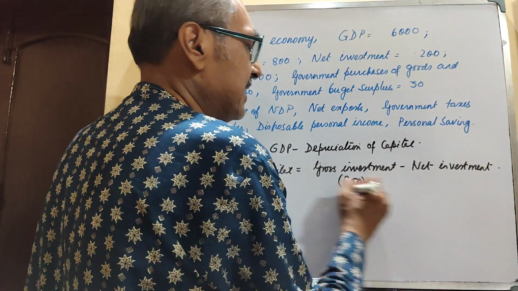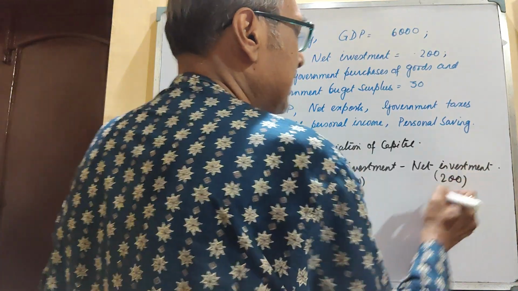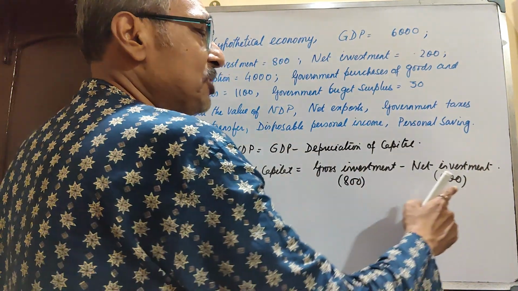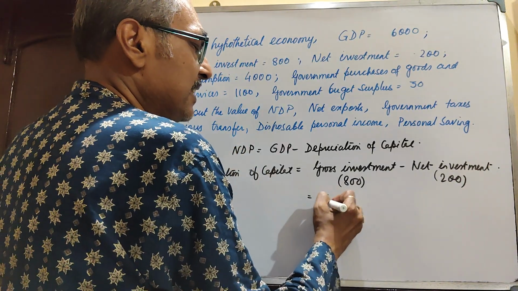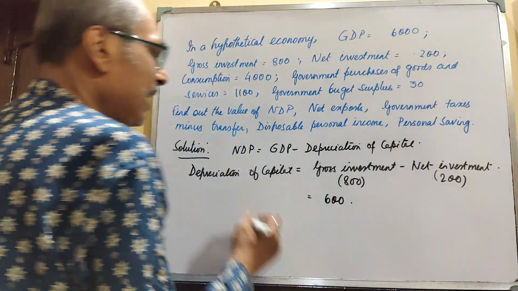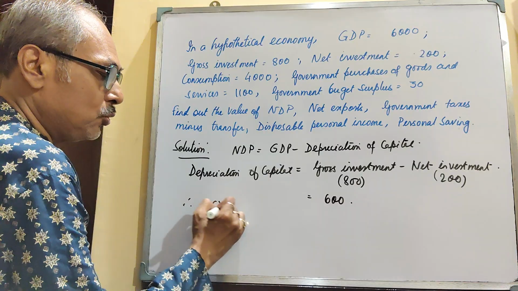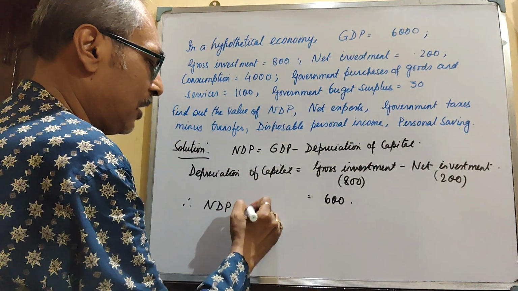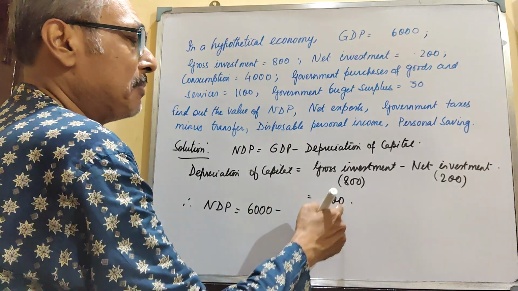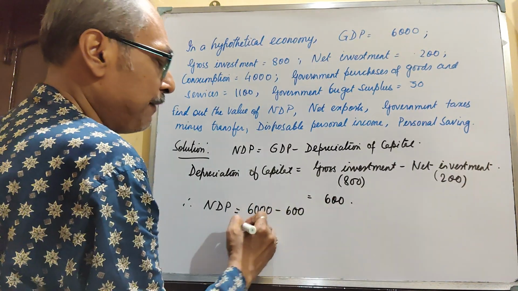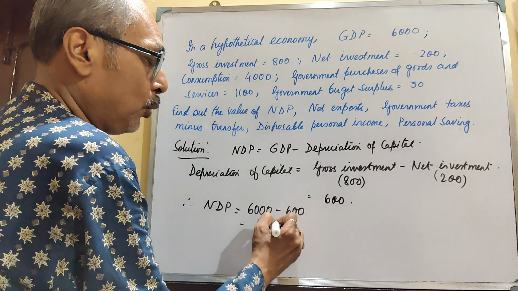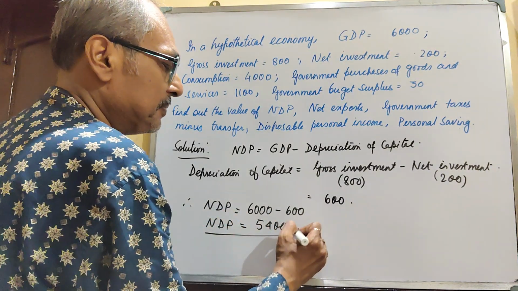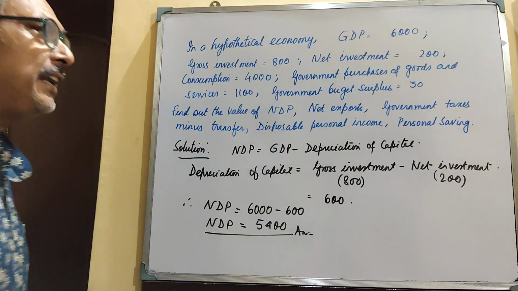Therefore, depreciation of capital is 800 minus 200, which is 600. Therefore, NDP equals GDP minus 600. What is the value of GDP? 6,000. 6,000 minus 600, if we subtract, we get 5400. This is the value of NDP.